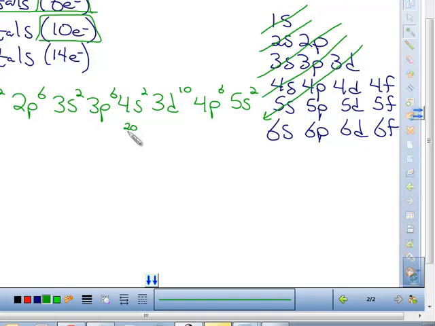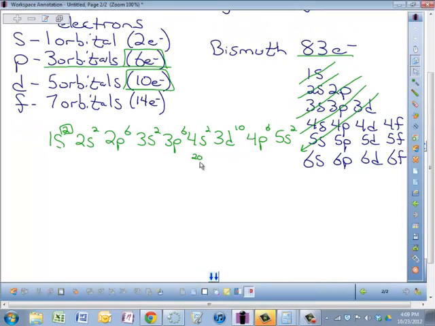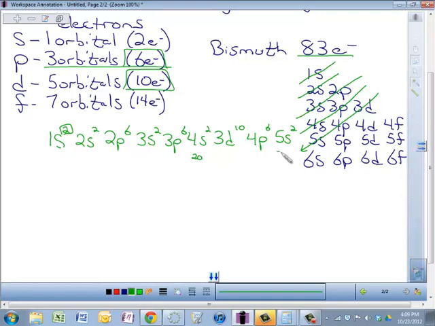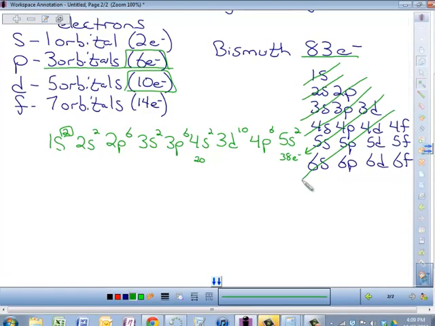So again, let's look at my 20 plus my 10. Okay, 20 plus 10 is going to be 30. 36. 36 and 2 is going to be 38. So right now, I'm at 38 electrons. Okay, after 5s is going to be my 4d.